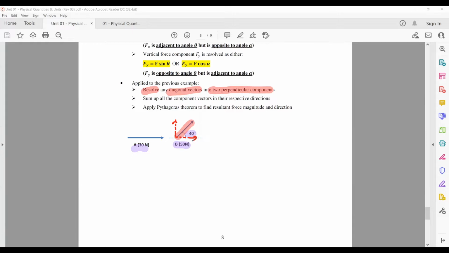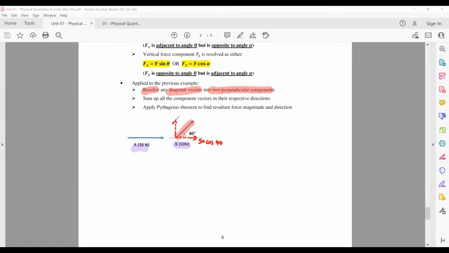This one, if I look at the horizontal component, you will notice that this is actually adjacent to the angle. So this one will actually be 50 cos 40.